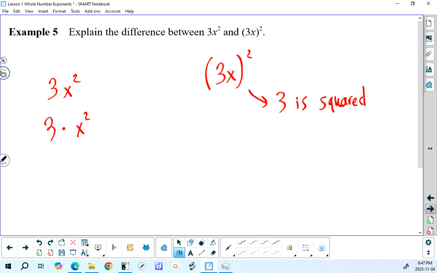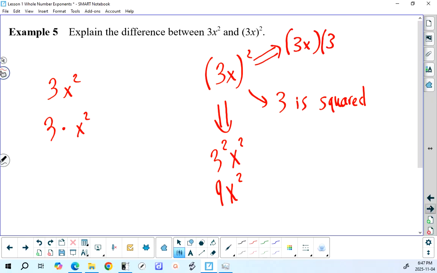Right? We can even use the power of a product law to say that this thing is equal to 3 squared times x squared, or 9 times x squared. You can also arrive at 9x squared by saying this is 3x times 3x, and simply taking 3 times 3 to give you 9, and x times x to give you x squared.